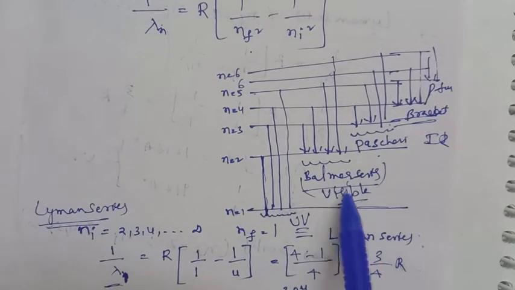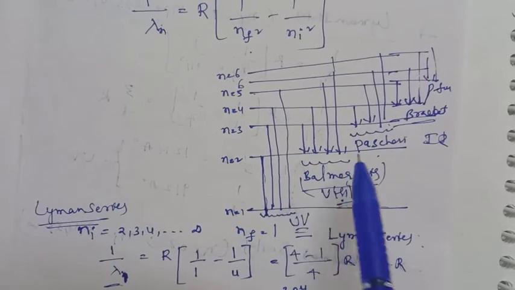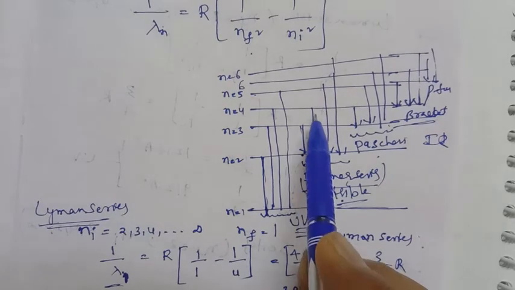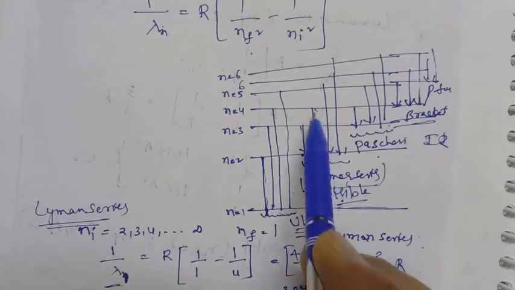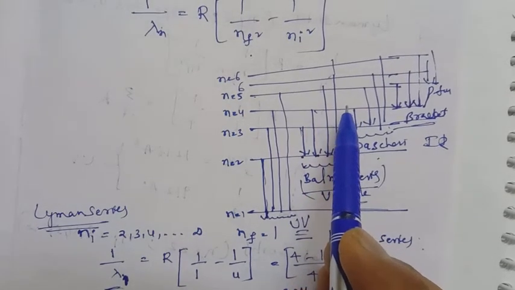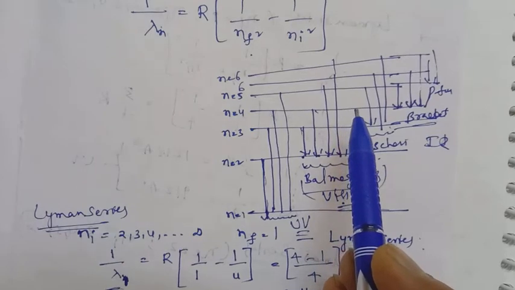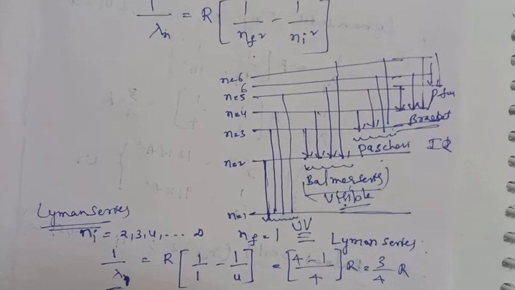For the Balmer series we have H alpha, H beta, H gamma. From 3 to 2 is called the H alpha line, and 4 to 2 is called H beta, H gamma and so on. We get the spectrum called the Balmer series spectrum, which exists in the visible region.